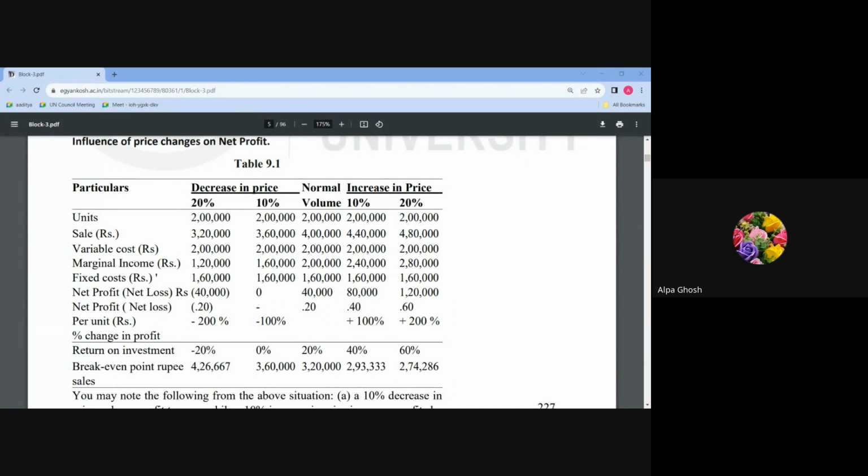And in the same way if you increase the price by 20%, your profit may rise up to 1,20,000. So this is the difference: if we decrease the price, units remaining the same, there is a loss. But if there is an increase in the price, then we can see an increase in the profits also. Just have a look at this calculation so that we can move to the next.